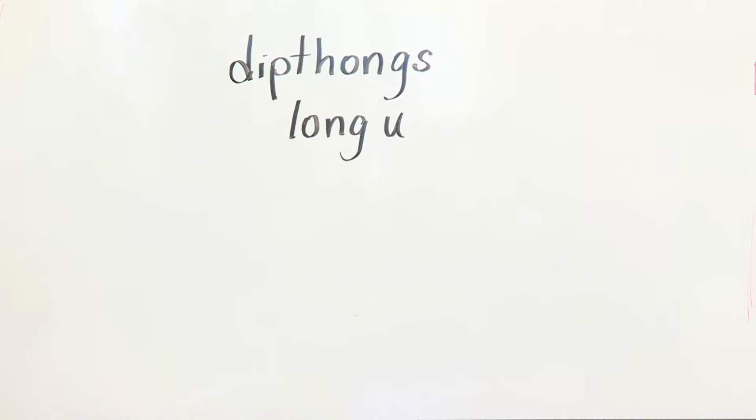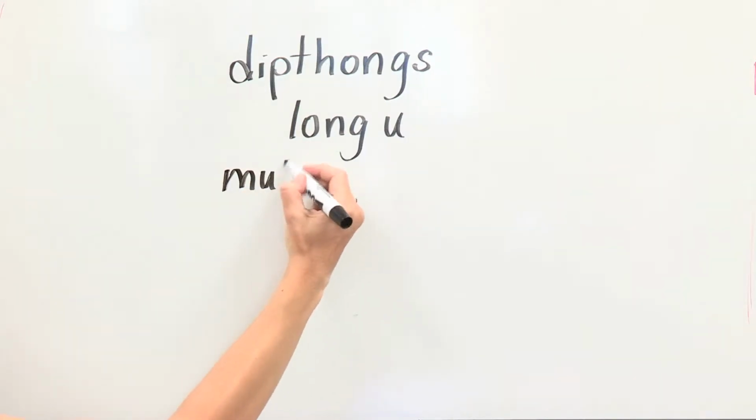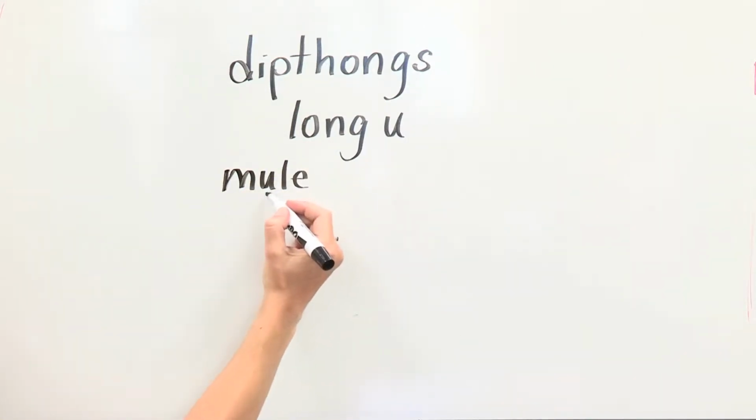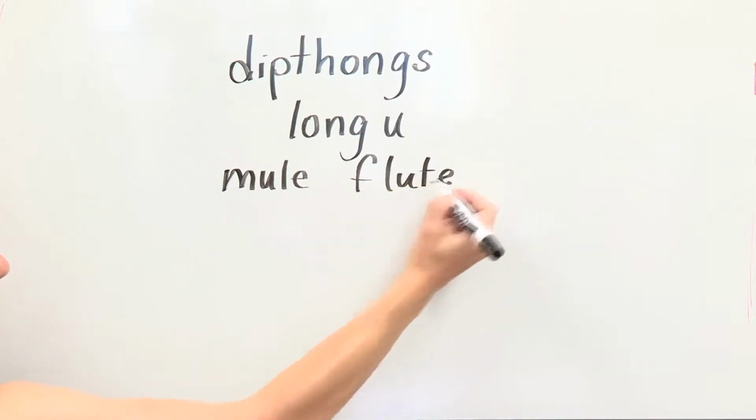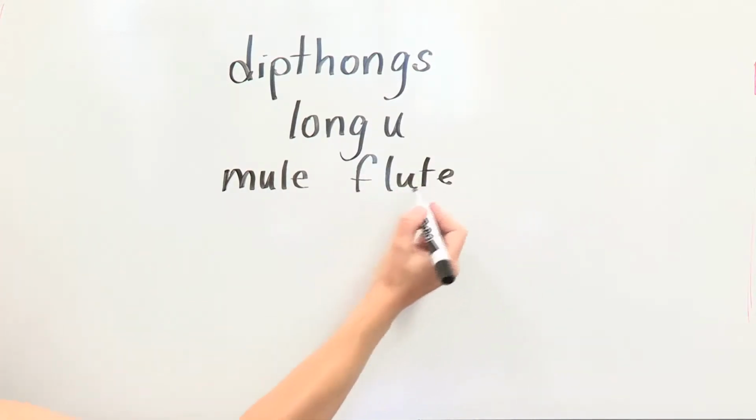Long U, if you remember from our very first lesson, makes two sounds. So we have mule, mule, and then we have flute, which makes an "oot" sound.